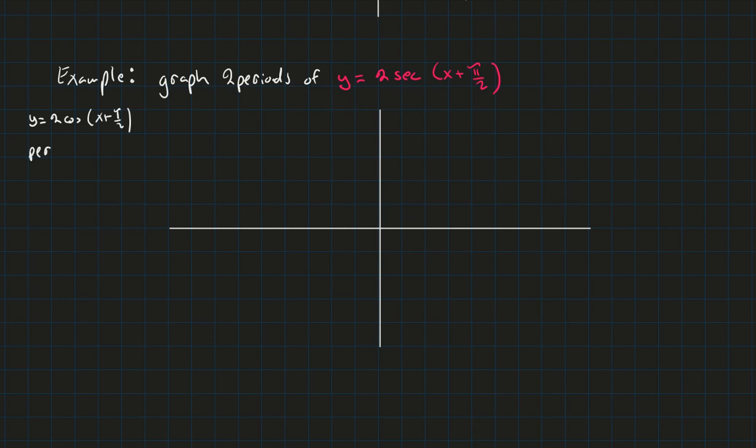So period is 2 pi. Phase shift is negative pi over 2, pi over 2.